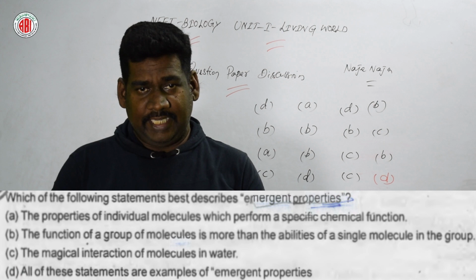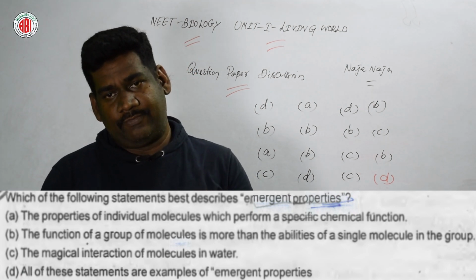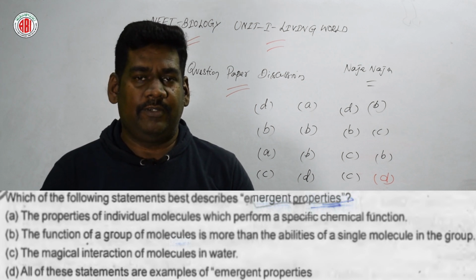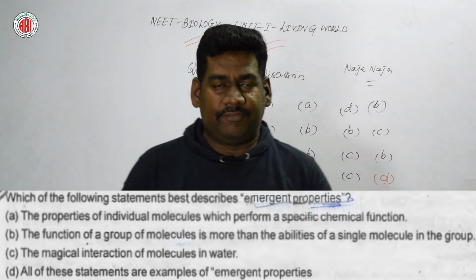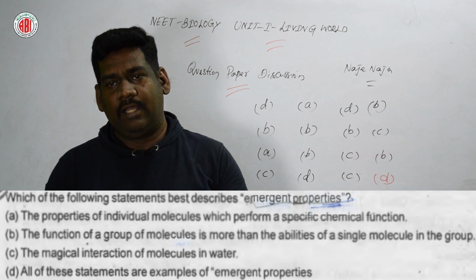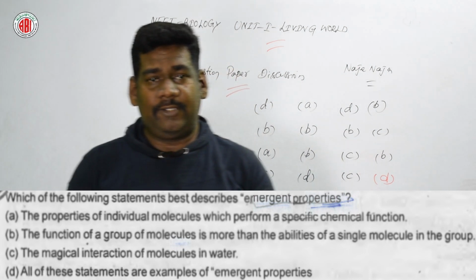Which of the following statements best describes emergent properties? Here are 4 different options given. The properties of an individual molecule which performs a specific chemical function. The function of a group of molecules is more than the abilities of a single molecule in the group. Then the magical interaction of molecules in water.